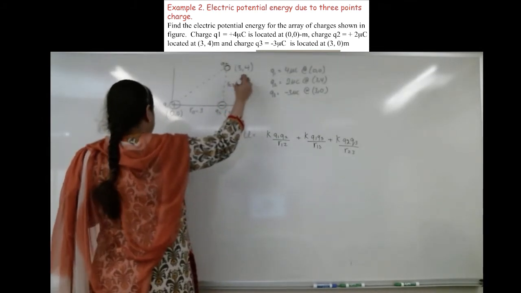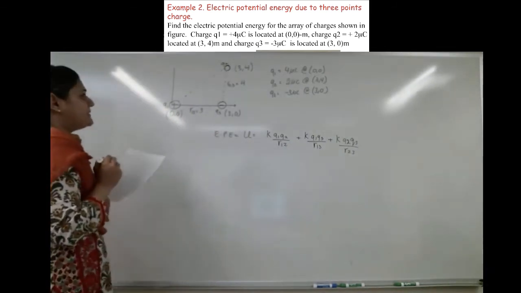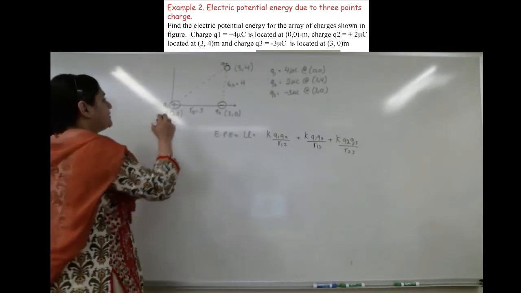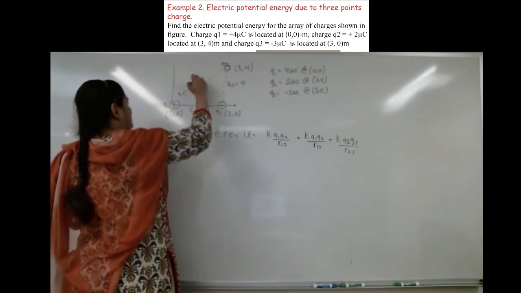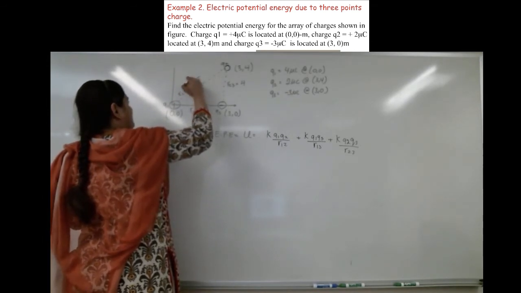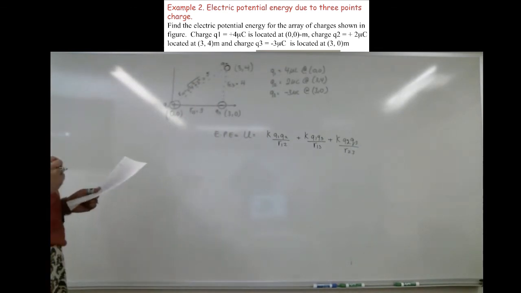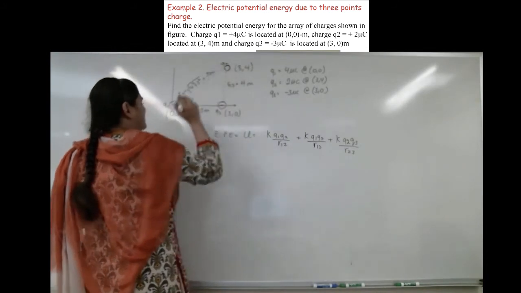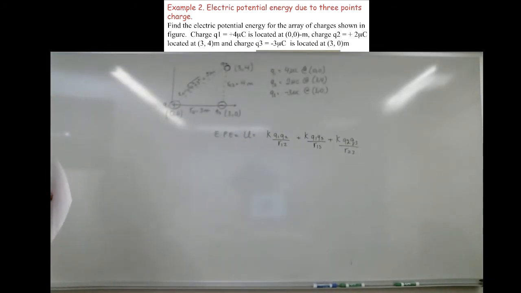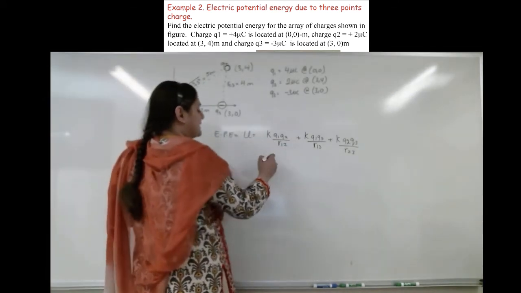R23 will be equal to 4. R12 will be where we use the Pythagorean theorem, and that comes out to be 5. And I believe these are in meters, so I'm just going to put meters here. It just makes life easier. Okay? Once we have all those numbers, all that's left for us to do is plug in the numbers.